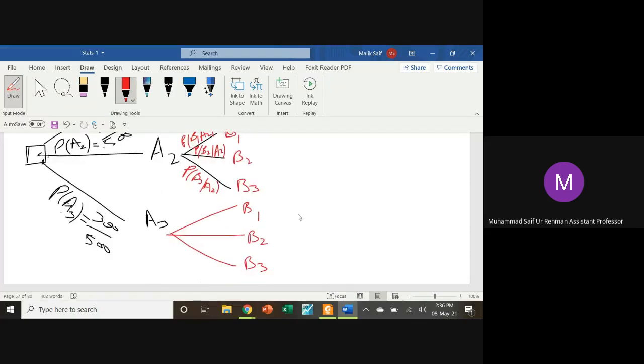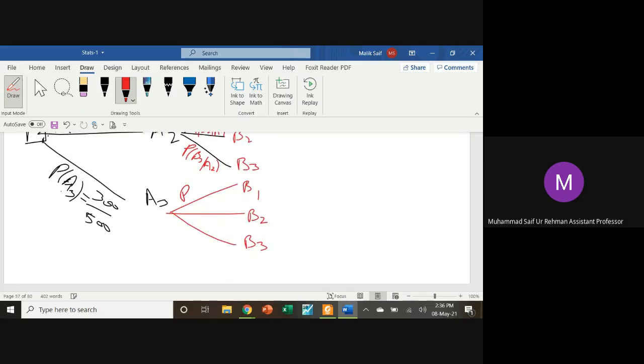And finally, probability of B1 given A3. Can you understand? Although I'm writing with my finger, I don't know whether you are able to see this or not. I think it is visible. Probability of B2 given A3. Probability of B3 given A3. In this way, you will write down the probabilities.